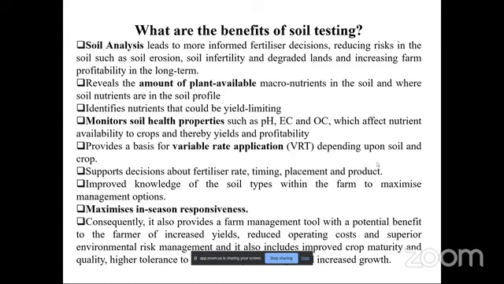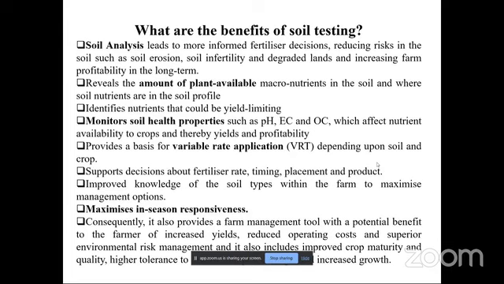It reveals the amount of plant available micronutrients in the soil, and where the nutrients are in the soil profile. It helps in identifying the nutrient that could be yield limiting. It monitors soil health properties such as pH, EC meaning electrical conductivity, and OC meaning organic carbon present in the soil.